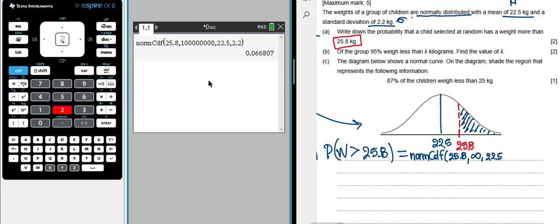I forgot the standard deviation, which is 2.2.